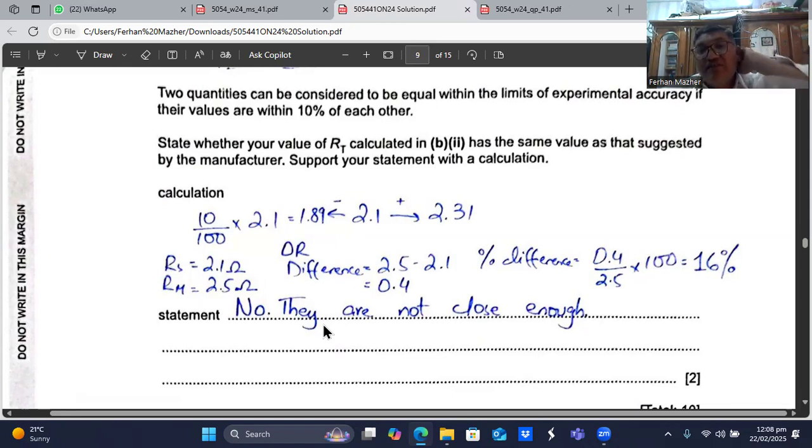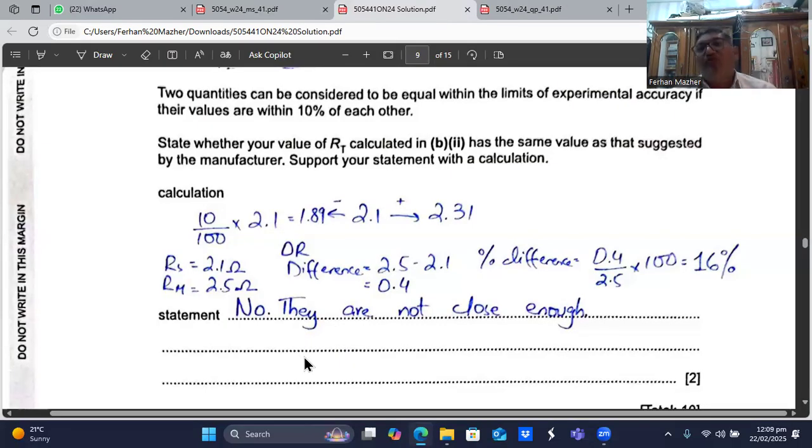They said that if the difference is within 10%, then they agree with each other. They are within the limit of experimental accuracy, but our difference is 16%. So we will say no, because they are not close enough. Our difference is 16%.